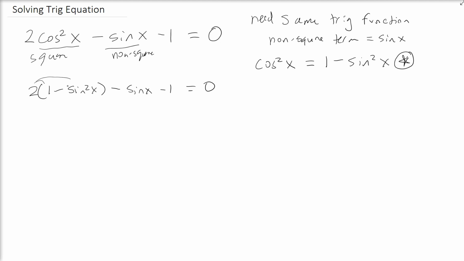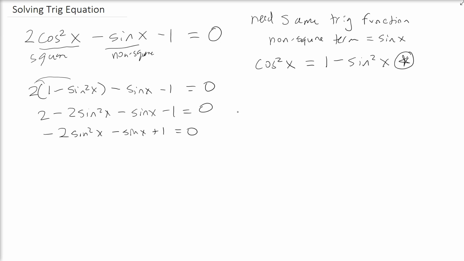Expand this by distributing the 2 to both of those terms, 2 minus 2 sine squared of x. Then the same thing here, minus sine of x minus 1 equals 0. I'm going to combine the 2 with the 1 because 2 minus 1 is just positive 1. So it's minus 2 sine squared of x minus sine of x plus 1 equals 0.